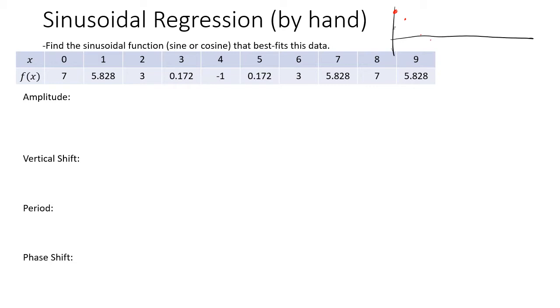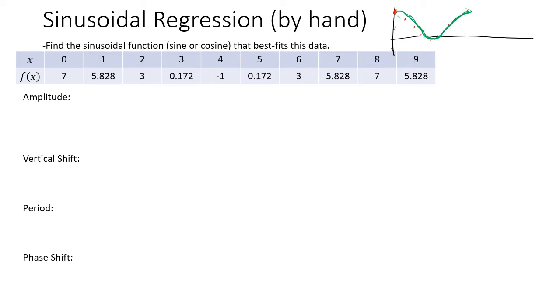Then I go back up through almost 0, back to 3, and back to 5.8. Even without sketching this accurately, it looks like I'm dealing with a cosine-looking curve.